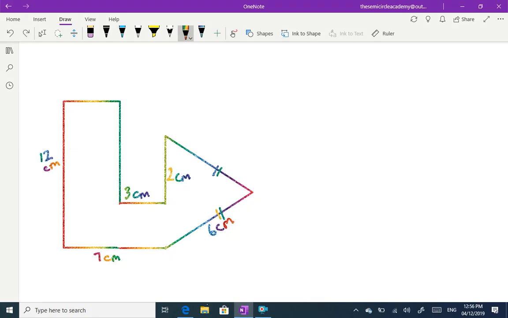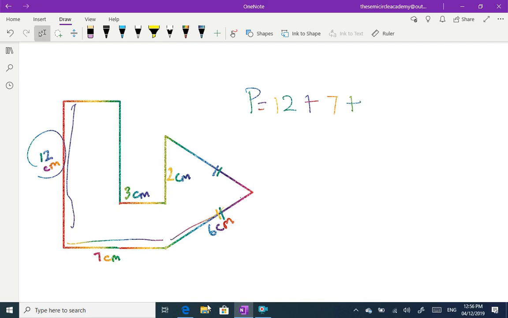Well, you see they gave you the length of this side here to be 12 centimeters. So the perimeter is 12 plus they give you this side here to be 7 centimeters. So 7 plus they give me this side here to be 6 centimeters.